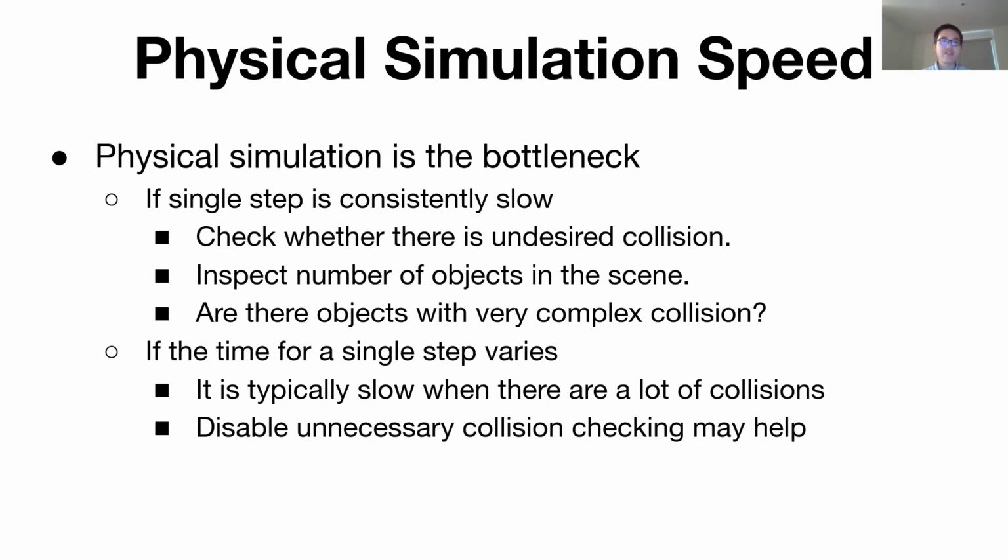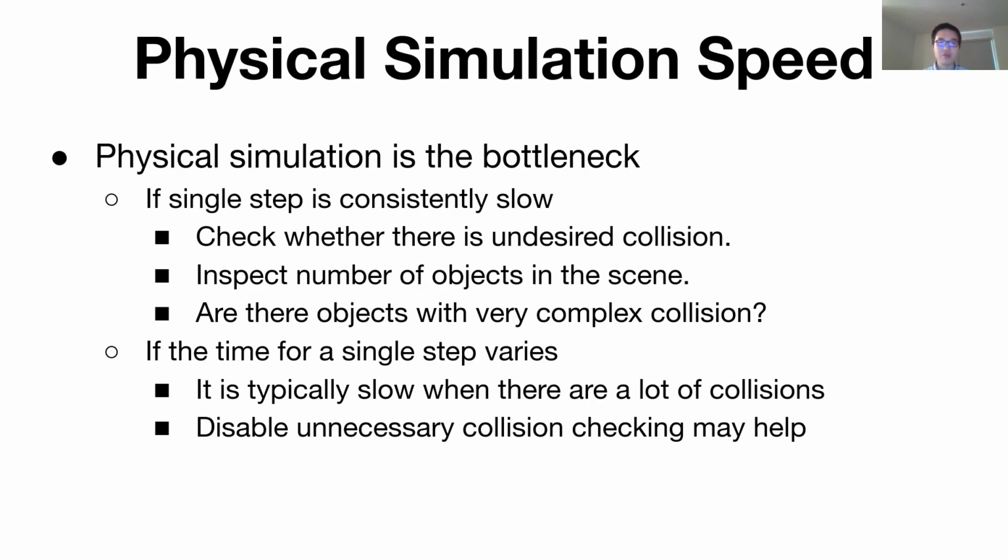Next, if you find out that the physical simulation is actually the bottleneck, I would suggest following these checks. The first is that if you find that a single step is consistently slow, in that case, it could be caused by undesired collision.